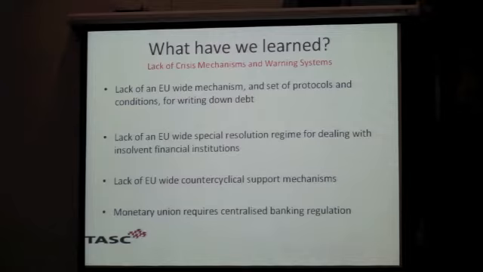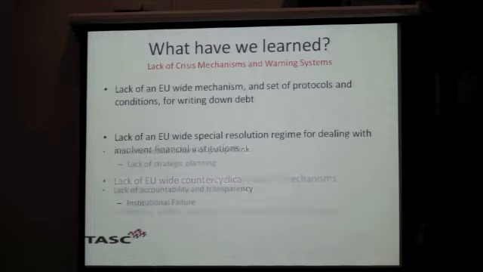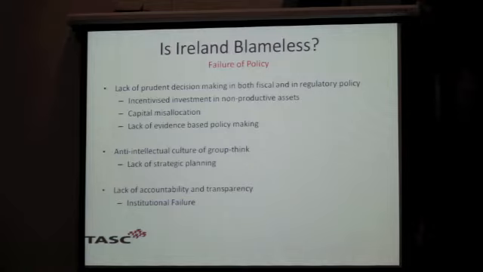And what we've also learned is that monetary union requires centralised banking regulation with an increased set of indicators, which includes price inflation, changes in asset prices, and so on, and a system of peer review so that a centralised institution is able to check on what the national regulators are doing, to report back and to generate an early warning mechanism.